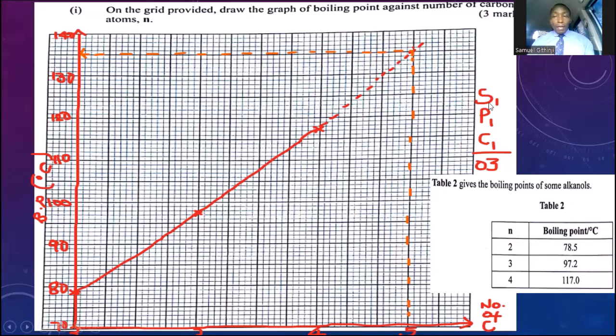Let's start with the first mark, the scale. Looking at this graph, the student ought to have counted the number of boxes across and the number of boxes vertically, and the points you're plotting, be it on the x-axis or the y-axis, must occupy at least half the number of boxes in each case. And remember, you have to use the graph space given, not your own. Let's start with the x-axis, where we are plotting the number of carbon atoms: 2, 3, and 4.